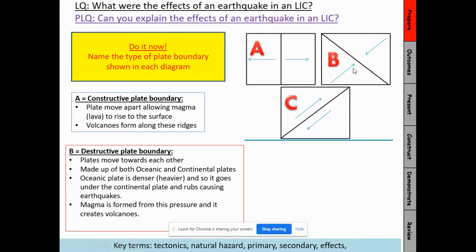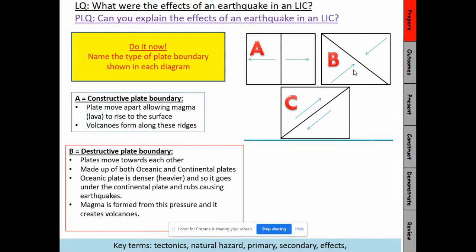One of them is an oceanic plate, and one of them is a continental plate. The oceanic plate is the denser or heavier plate, and the continental plate is the lighter plate. So when the two plates come together, because the oceanic plate is denser, it goes underneath the continental plate. We call that subducted.